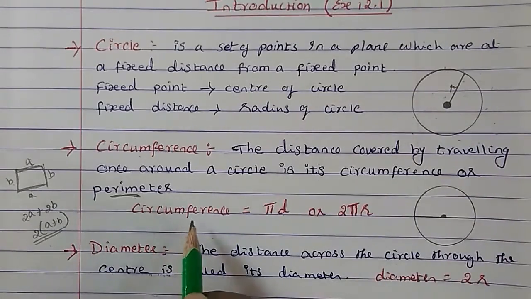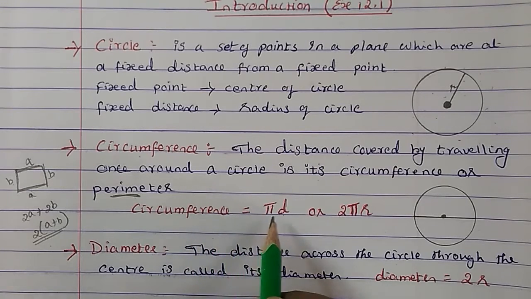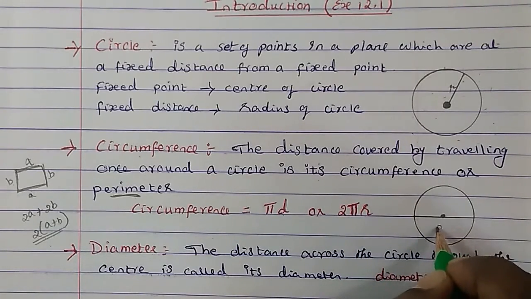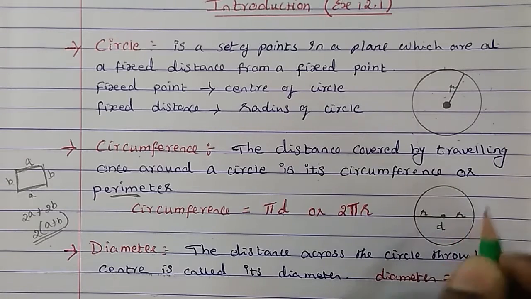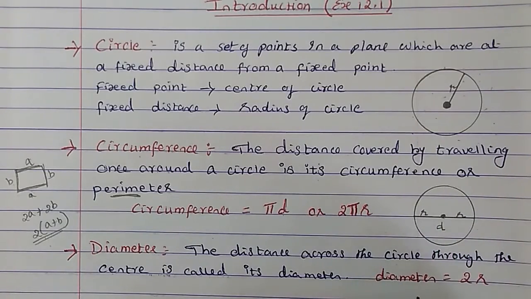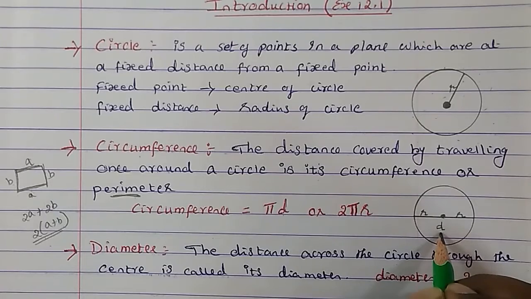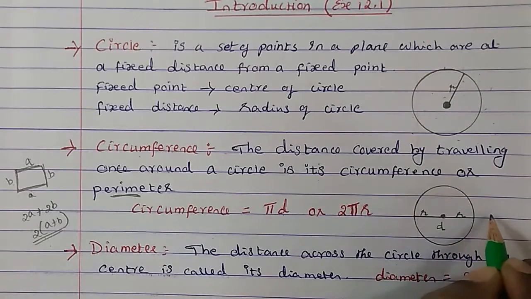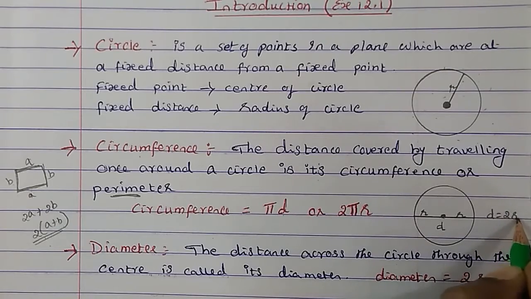This is the circumference formula, pi d, or you can call it 2 pi r. Why? Because the whole thing is the diameter, but from the center to this side is the radius, and from the center to this side is also the radius. That means 2 times the radius is the diameter, so the diameter is actually 2 times the radius.